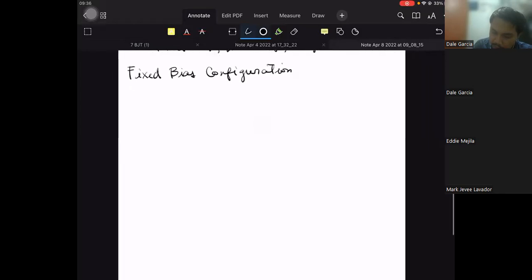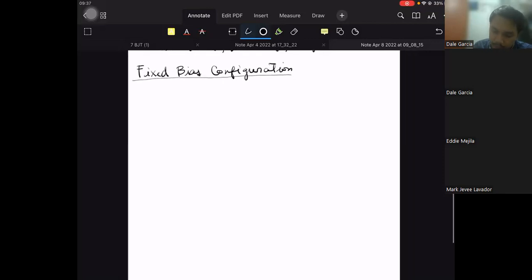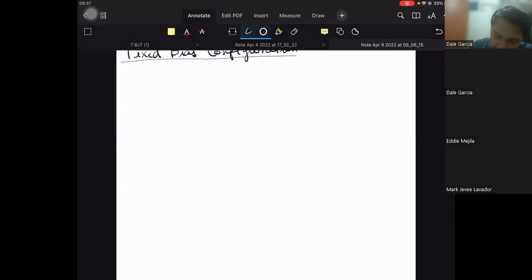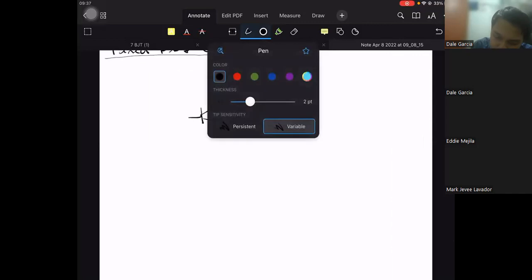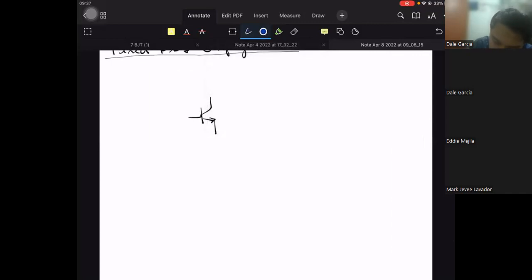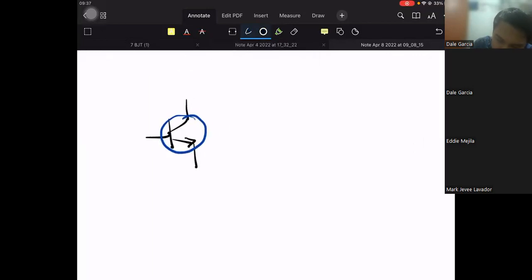So what does a fixed bias circuit look like? Let's draw our transistor first, an NPN BJT.